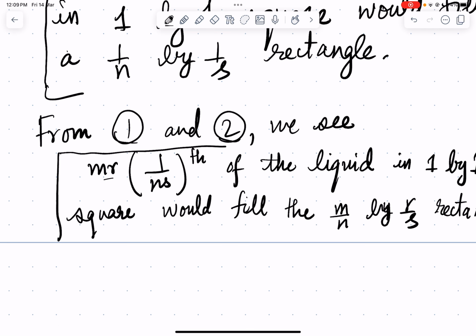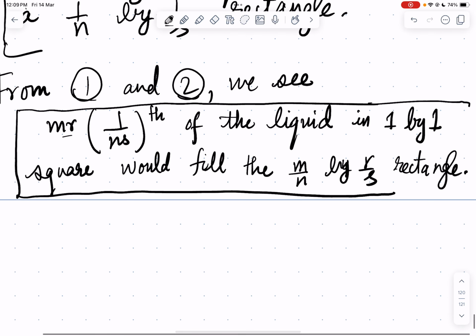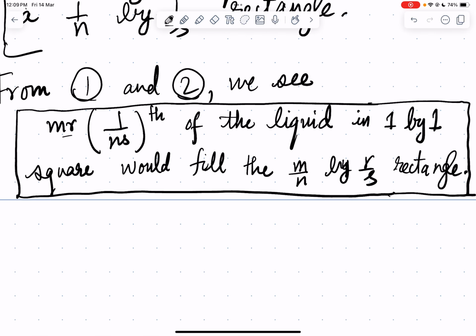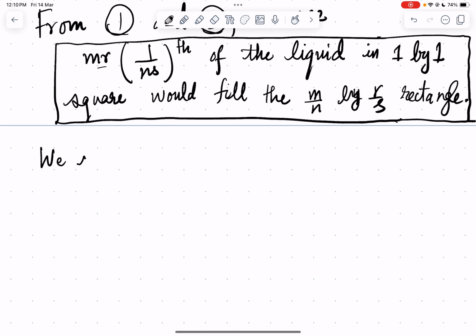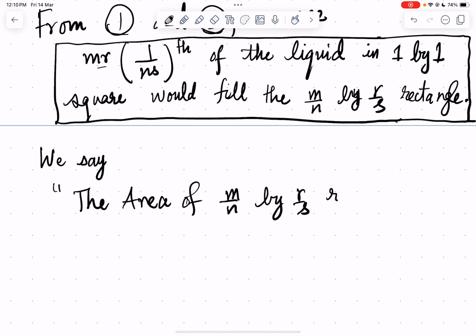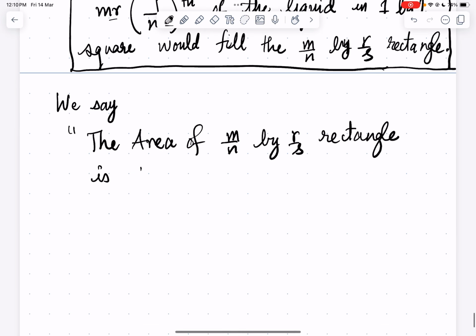So this is what we found. We say the area of the m by n by r by s rectangle is mr by ns unit square.